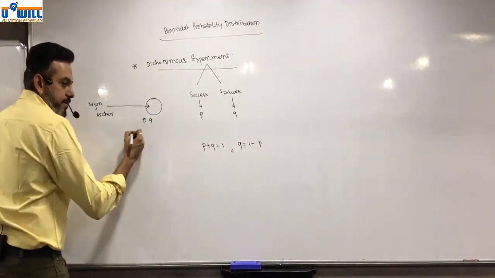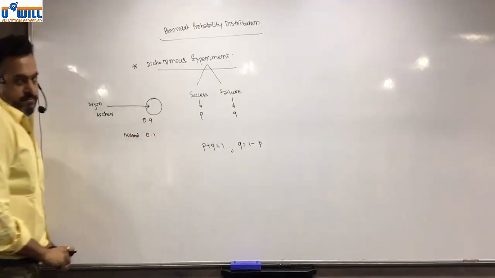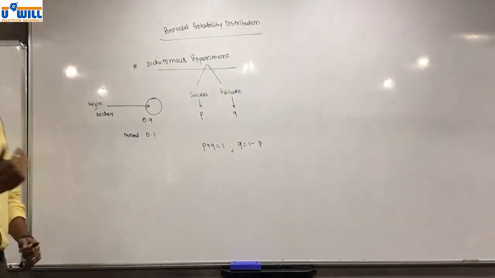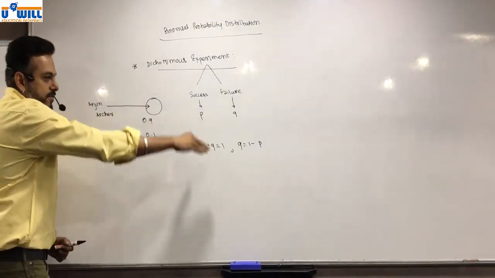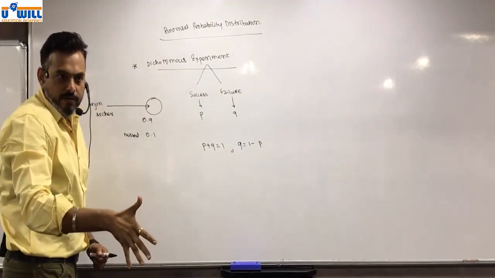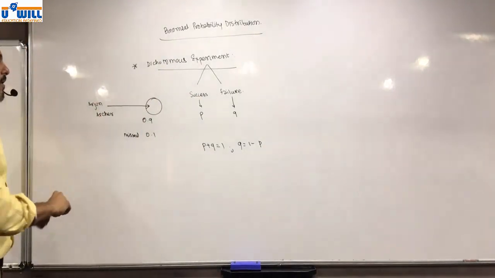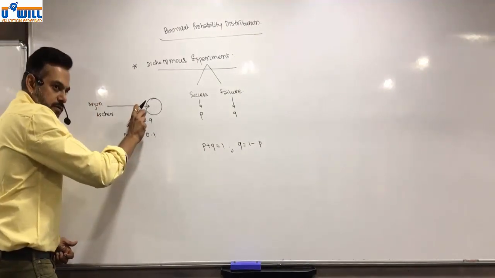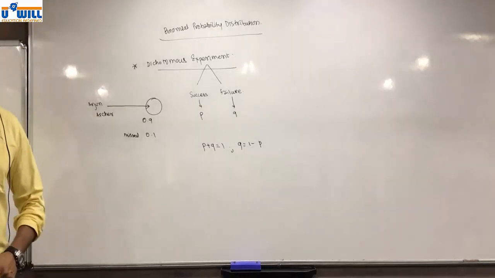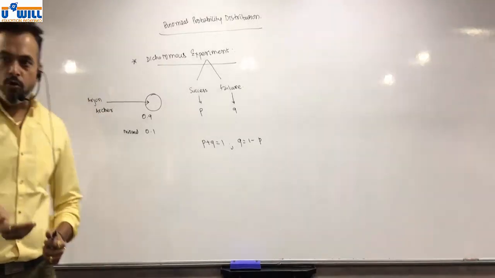The probability that he misses the target is 0.1. We want to find out the probability that if he tries to hit the target 5 times, he will be able to hit the target 4 times. Or if he shoots 5 arrows, what is the probability that 4 arrows will hit the target? So the probability that he hits the target is what I want to find out.